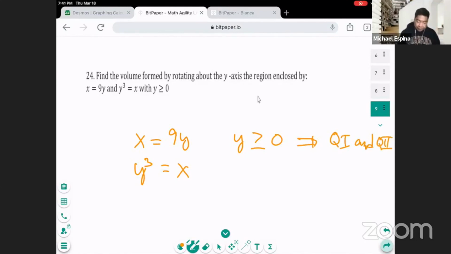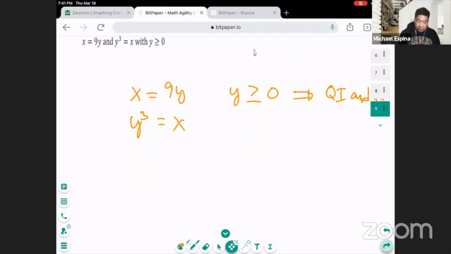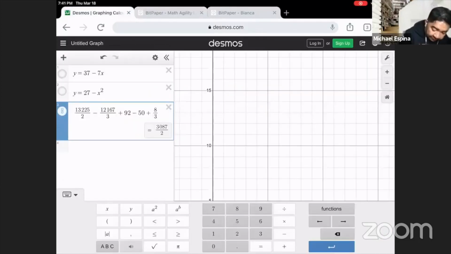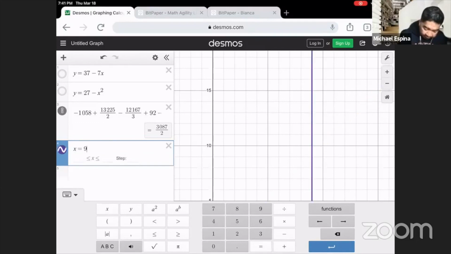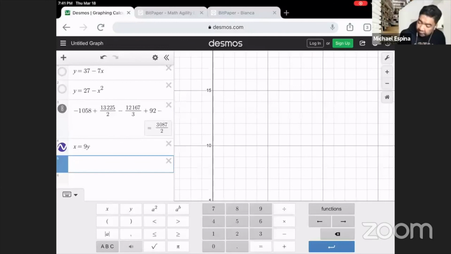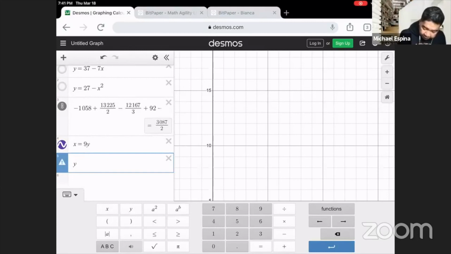So let's try to use Desmos. x equals 9y, and then the second curve is y cubed equal to x.